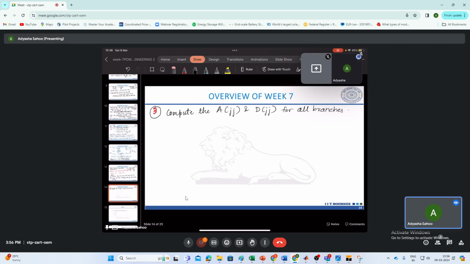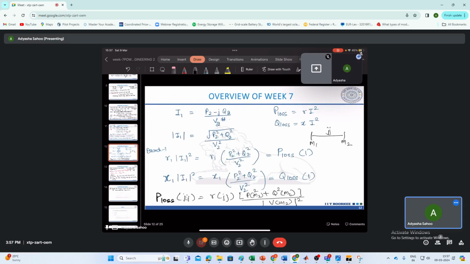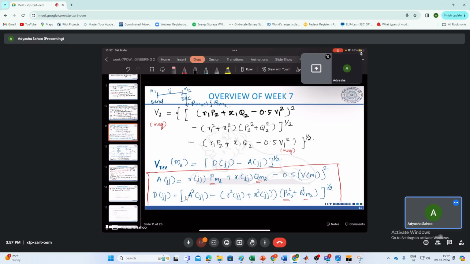And once you know that, you can calculate the V at the receiving nodes, that is M2, using this A and D, this formula basically, this one, V receiving.